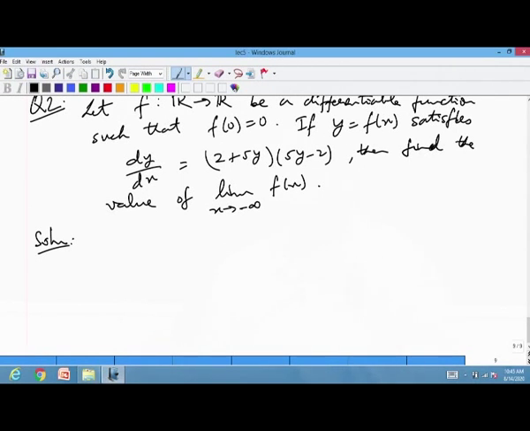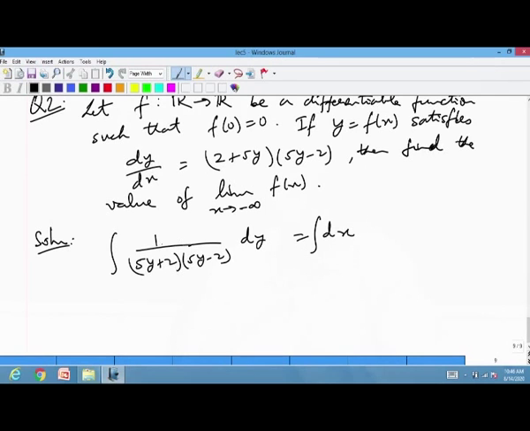So, first we will try to solve this ODE. So, we have dy dx equal to (2 plus 5y) times (5y minus 2). So, this can be rewritten as 1 by (5y plus 2) times (5y minus 2) dy equal to dx. So, again this is a variable separable equation. Now, we integrate both sides.